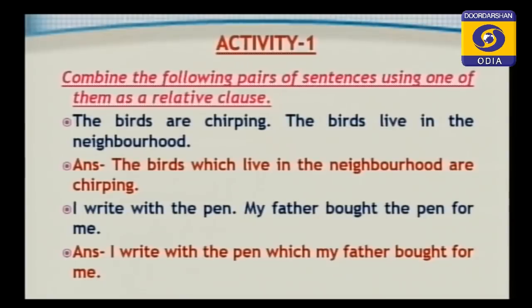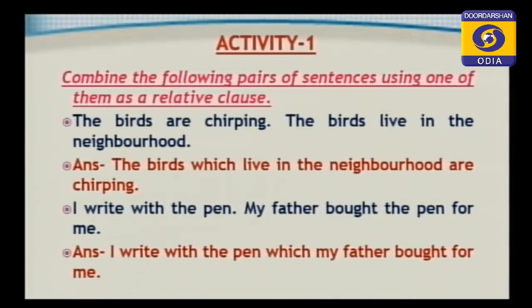I give you the clue how to combine such sentences making a relative clause. In both the sentences, you find one identical noun phrase, the birds. The birds are chirping, the birds live in the neighborhood. So, you replace the second identical noun phrase with an appropriate relative pronoun.